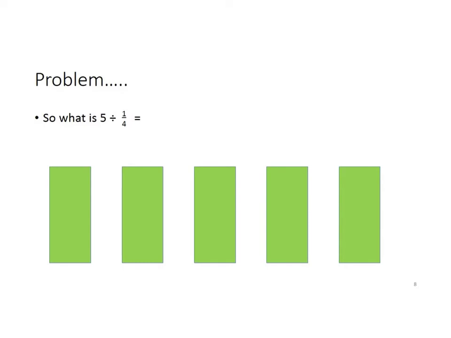Each one of these rectangles is one of our 5, and we're pretending that they're dollars. If we're going to divide these up into fourths, let's just draw a line. There's 1, 2, 3, 4. So there's 1, 2, 3, 4. Let's draw this one into fourths. So this would be our 5, 6, 7, 8.